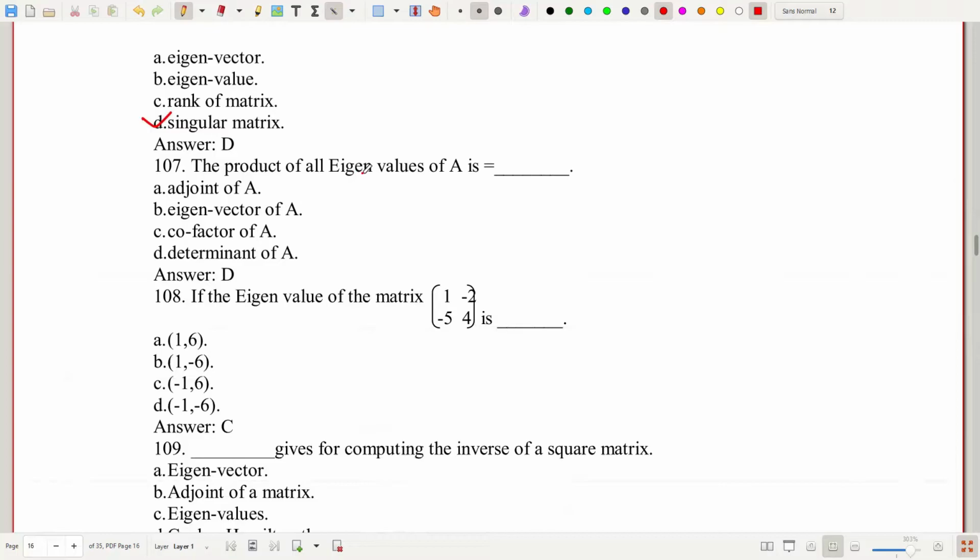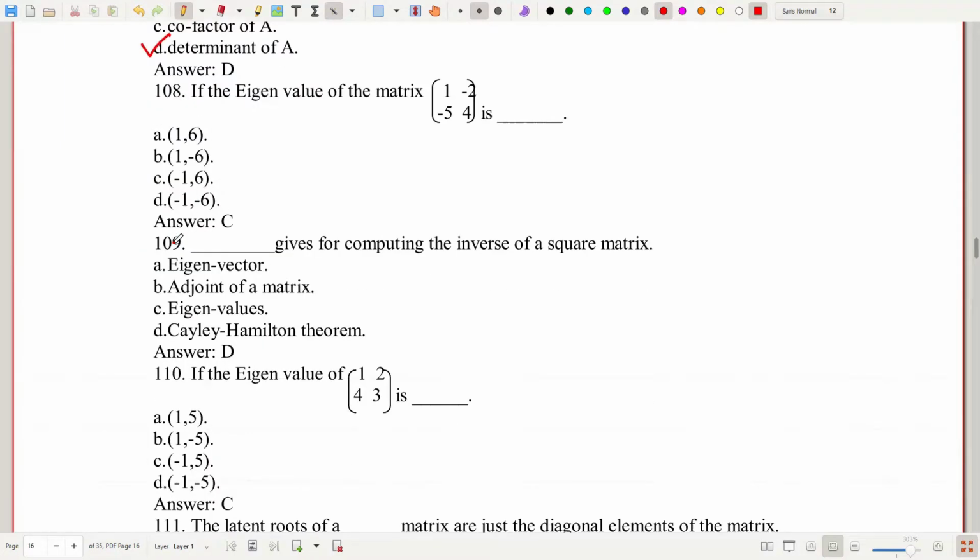The product of all eigenvalues of A is the determinant of A. If the eigenvalue of the matrix 1, minus 2, minus 4, 5 is, the answer must be minus 1, 6.